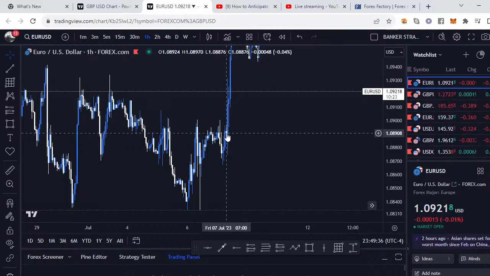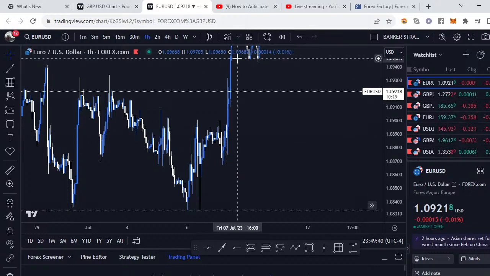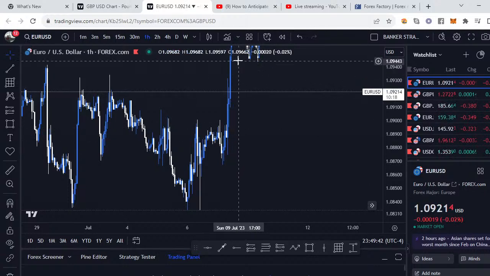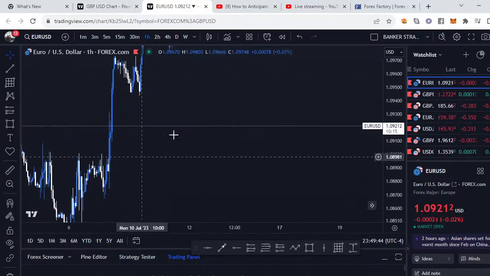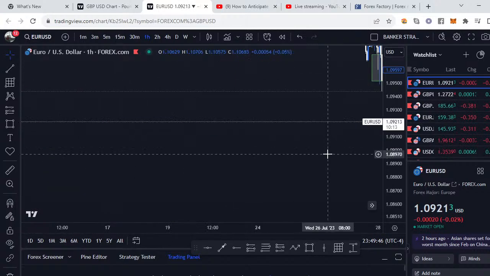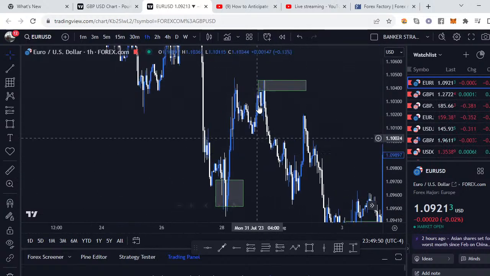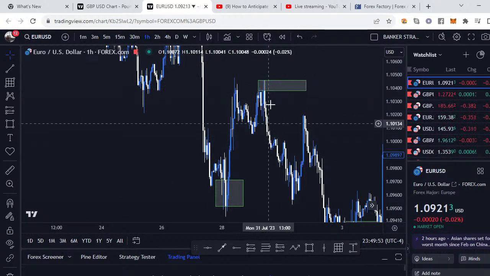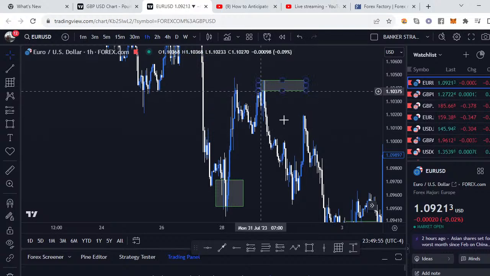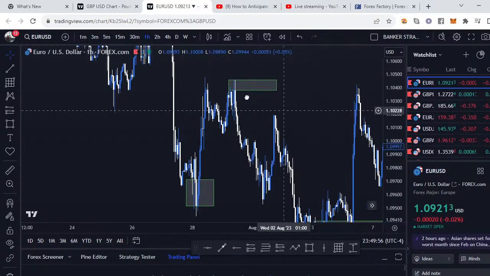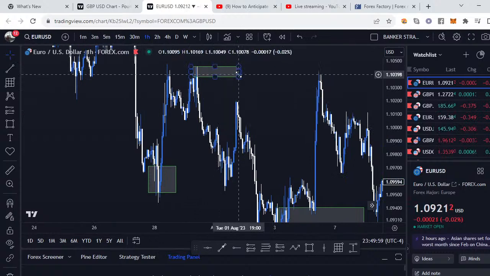Now, the last down candle before the up move, that's a bullish order block, right? And the last up candle before the down move, that's a bearish order block. That means you're expecting price to go lower if it hits, just like this.